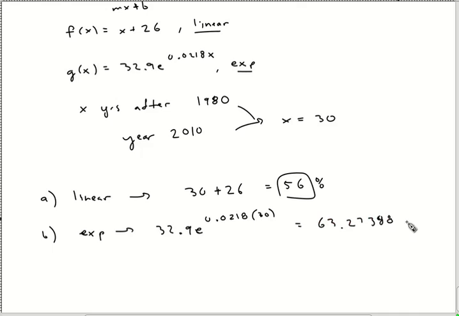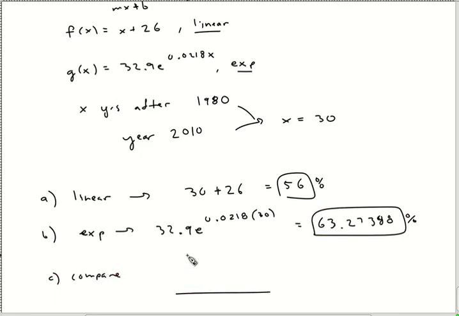Again, you can cut it down to whatever decimal places they say. That's up to you. I'm just giving you the full thing here. Cool. Part C. They say compare with the bar graph that we had above and all that kind of stuff. Well, there was a bar graph on this problem, and it looks something kind of like this.